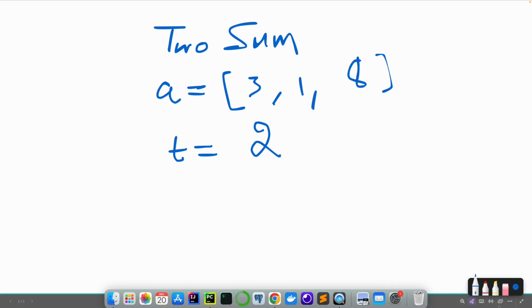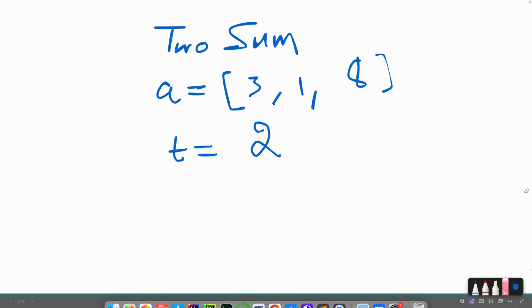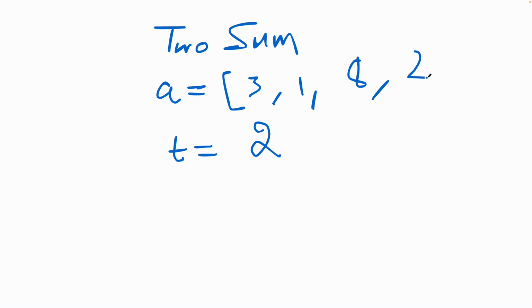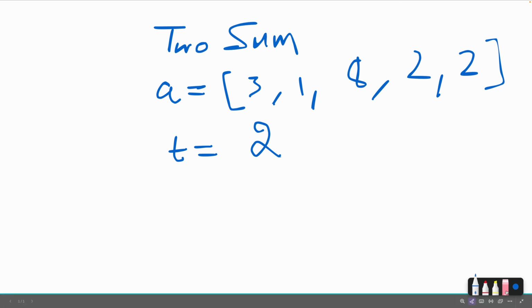There is also a possibility that we are given 2 and 2 as well, and the target is actually not 2, the target will change to 4.